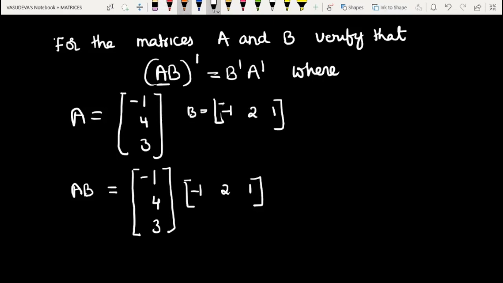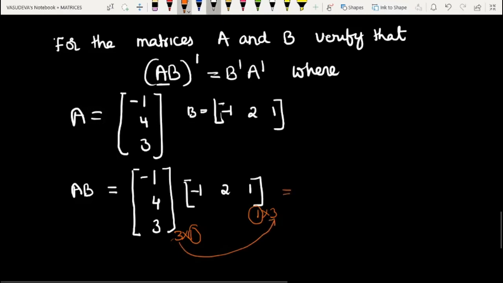The first matrix is of order 3 by 1, a column matrix. The second matrix is of order 1 by 3. So the number of columns in the first matrix is equal to the number of rows in the second matrix. Now the resultant matrix is of order 3 by 3.